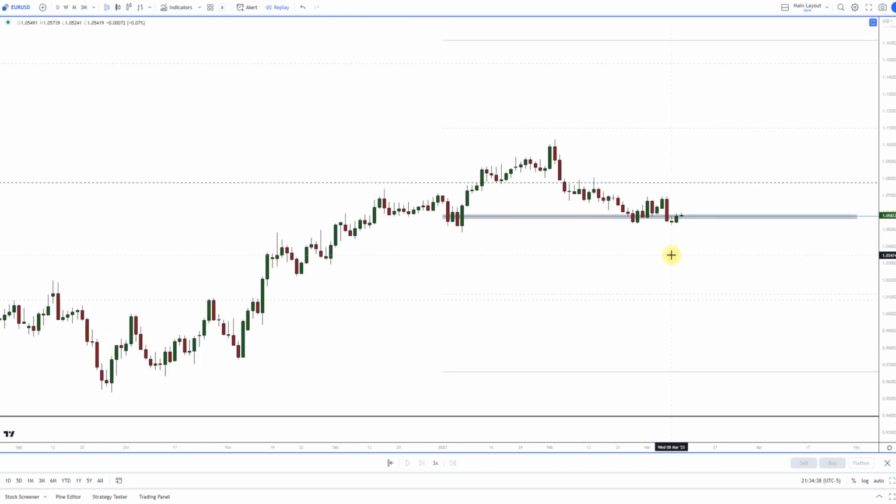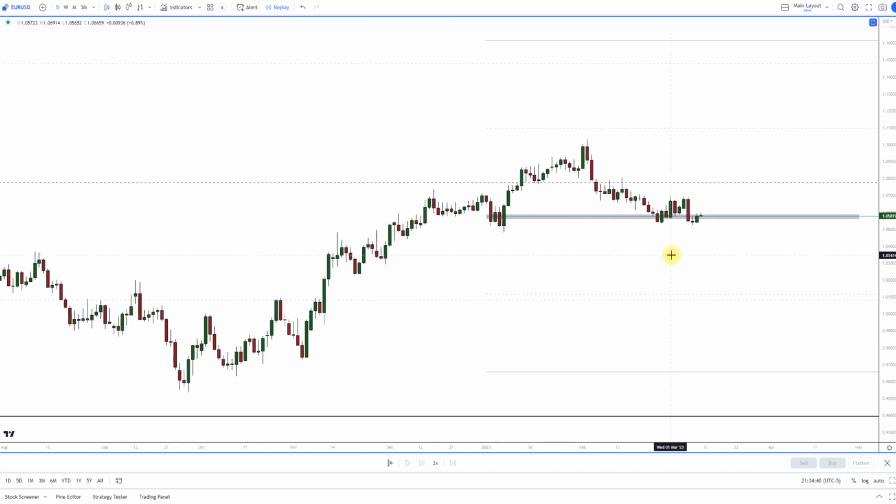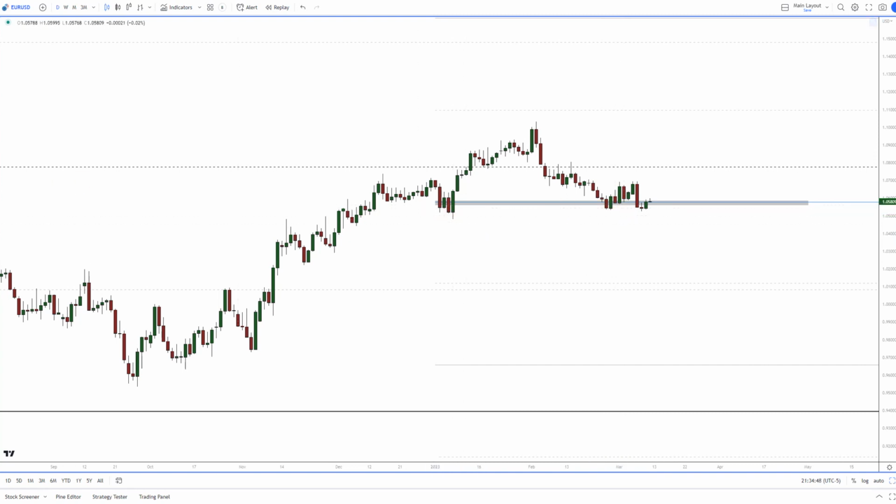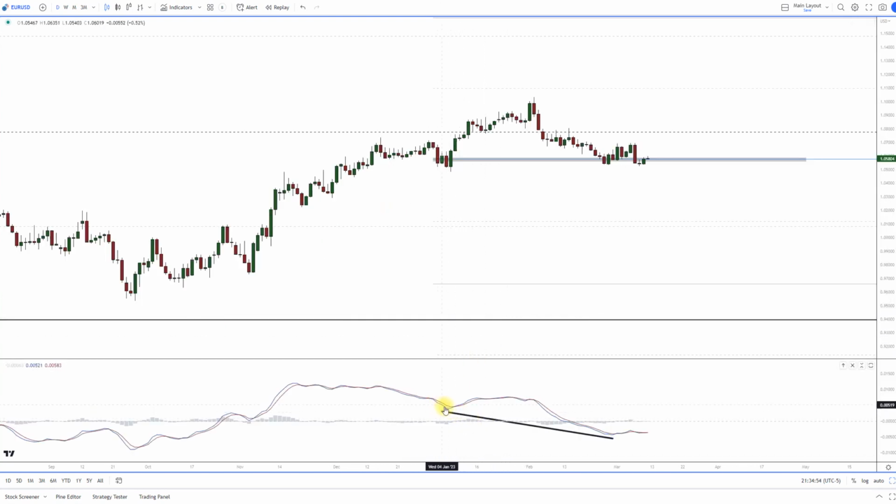So the bullish case for the euro is, if we look down below, in terms of divergence, you can see this is a hidden divergence.